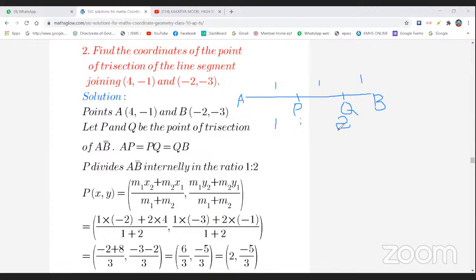So P divides AB into 1:2 ratio. Then Q divides the AB into the same 2:1 ratio. So from here to here it is 2. So 2:1. Q divides the AB line segment into 2:1 ratio.